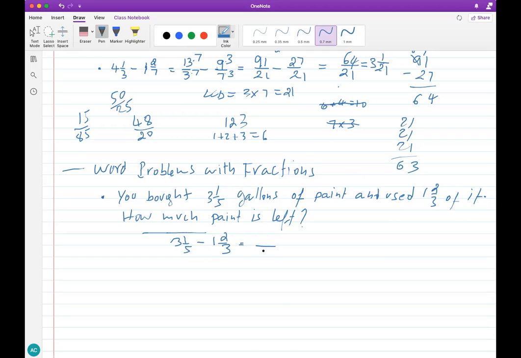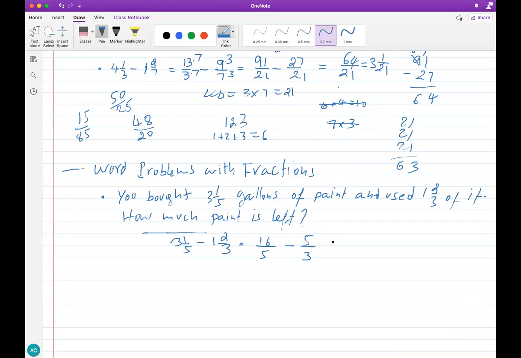Okay, let me go through this quickly. So 5 times 3 is 15, plus 1 is 16, over 5. And then 1 times 3 plus 2 is 5, over 3.